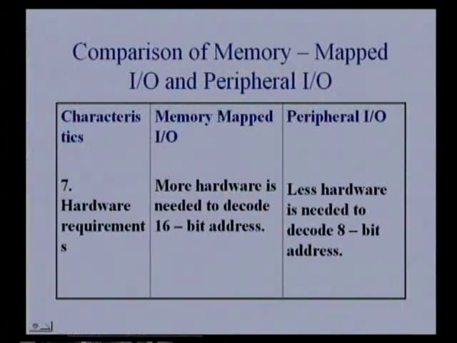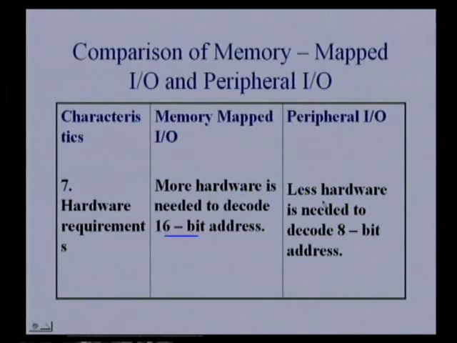Next, hardware requirements. In memory mapped IO, more hardware is needed to decode the 16-bit address, because the IO device is identified with a 16-bit address and it has to be decoded, hence more hardware is required.